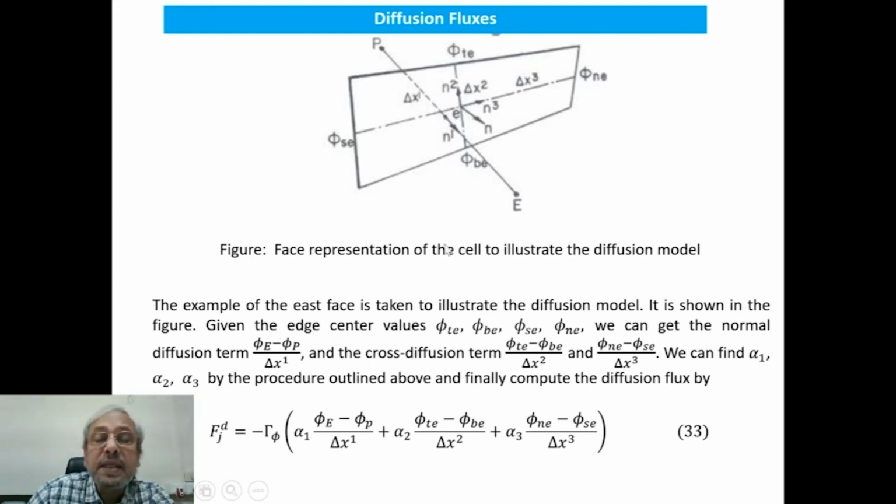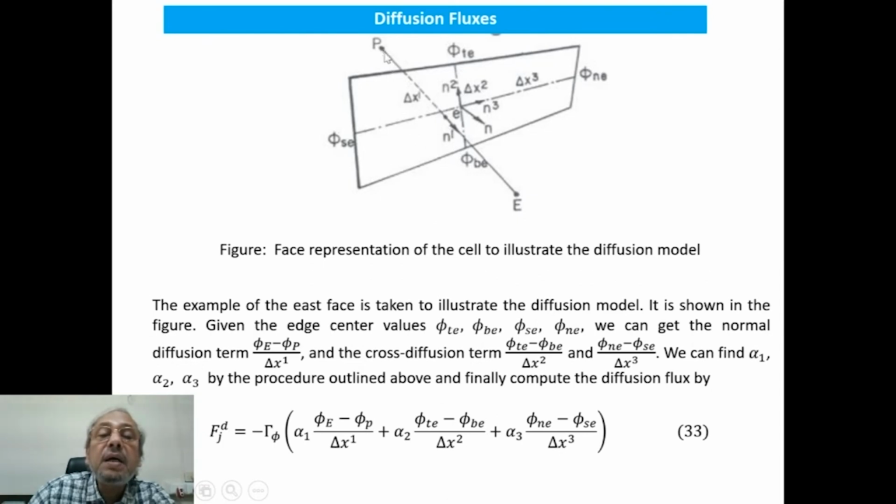Given the edge center values, as I said, and phi defined there, phi T, phi B, phi SE and phi NE, we can get the normal diffusion term as phi E minus phi P divided by delta x1.